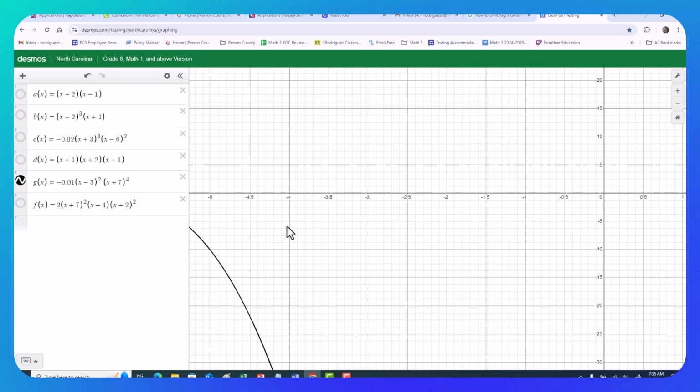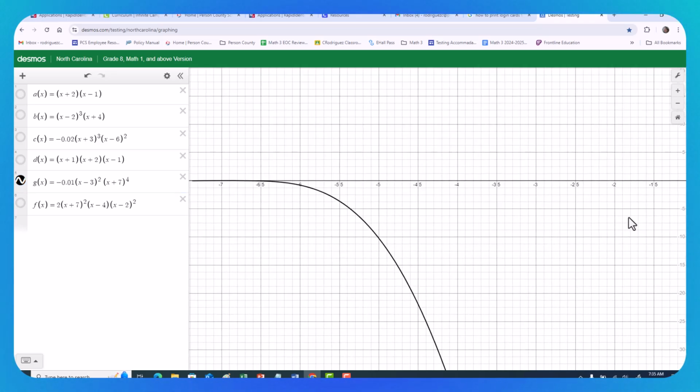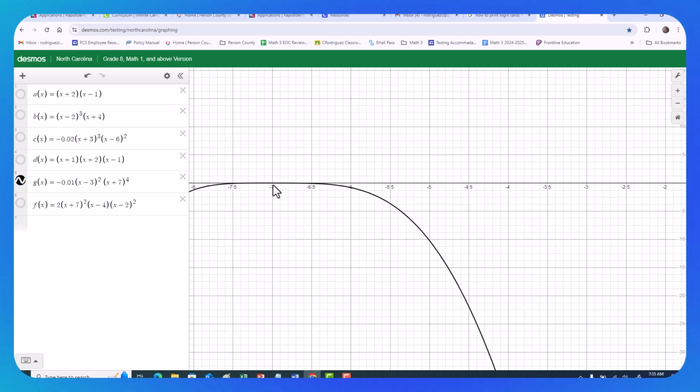So let me move over here. And here's the root at 3. There we go. All right, so those two roots, this is a bounce. That's an even multiplicity. And I looked to see that that was a multiplicity of 2. And over here, this is also a bounce, but notice that it flattens a lot. So it's going to be a higher multiplicity, and it's a multiplicity of 4.